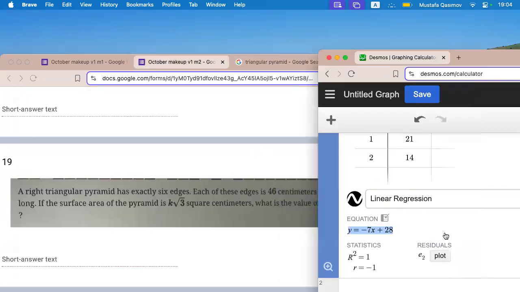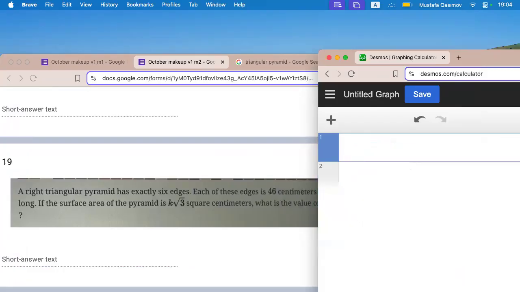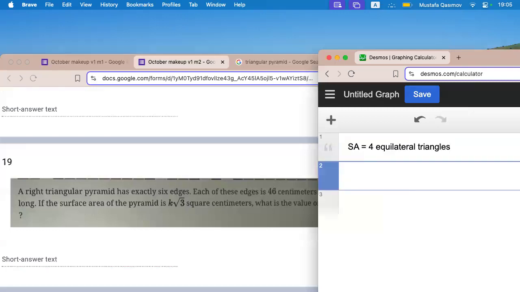Then we can say the surface area of the pyramid is equal to 4 triangles. And because every edge is equal to 46, it means that we have 4 equilateral triangles. Like this. And we know that the area of one equilateral triangle is equal to a squared square root of 3 over 4.